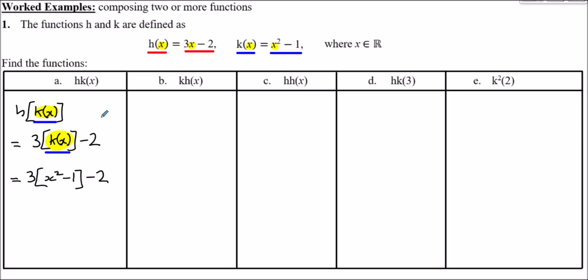So it's still h of x, still 3 times the input, where this is the input k of x, then minus 2. Finally, we just need to expand this out. So we have 3x squared. 3 times minus 1 is minus 3, then minus another 2, gives us 3x squared minus 5.